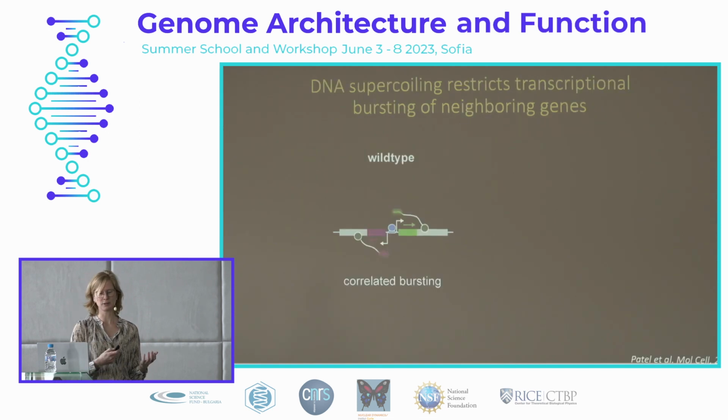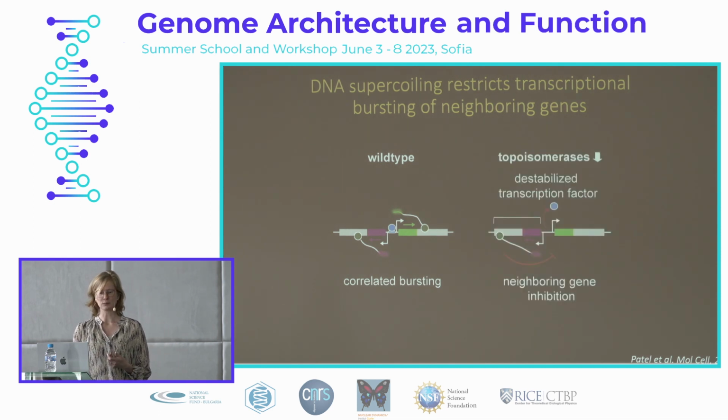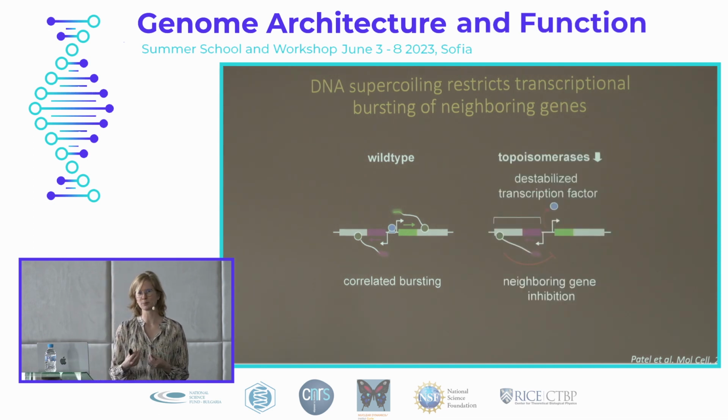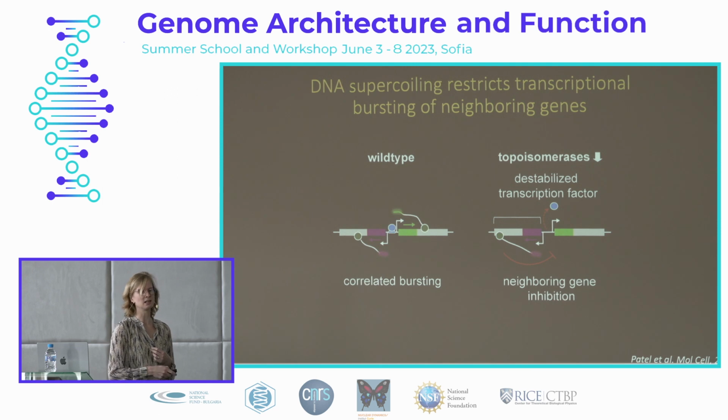To summarize, what we think is that in wild type, the transcription of the GAL genes is temporally coupled, and you need rapid release of supercoils to maintain this coupling. When you deplete topoisomerases and supercoils accumulate, all these genes start to inhibit each other, and this is likely caused by a destabilization of the transcription factor binding from the DNA.